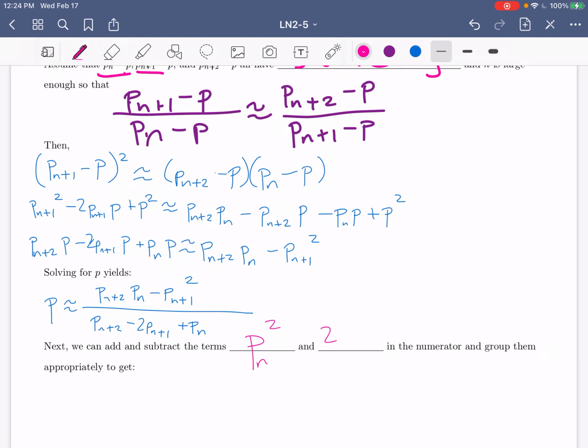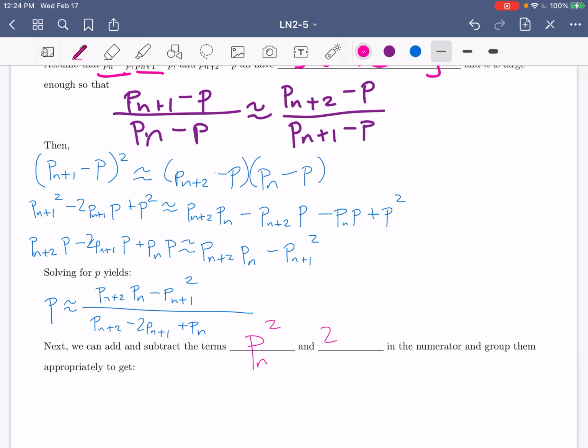is this value of p is approximately, I'll go ahead and group and do some factoring, p sub n minus (p sub n plus 1 minus p sub n) all squared, divided by (p sub n plus 2 minus p sub n plus 1 plus p sub n).